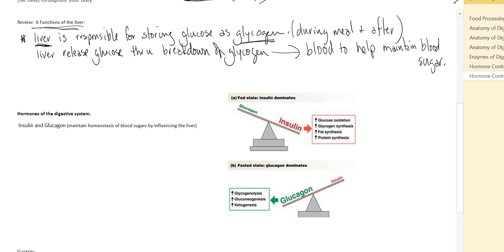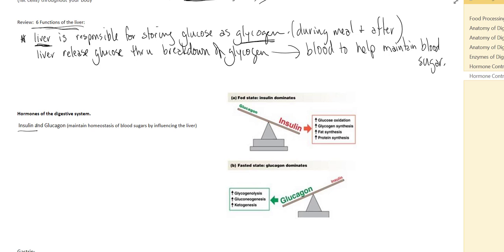And so the connection between the pancreas and the liver is the hormones insulin and glucagon. All right, and so they ultimately have counter effects.